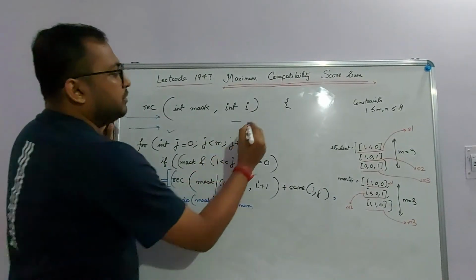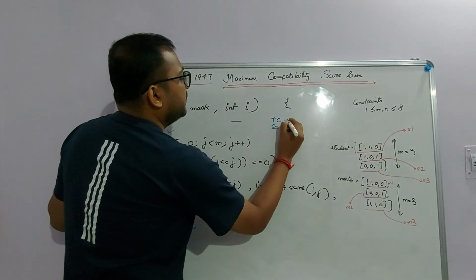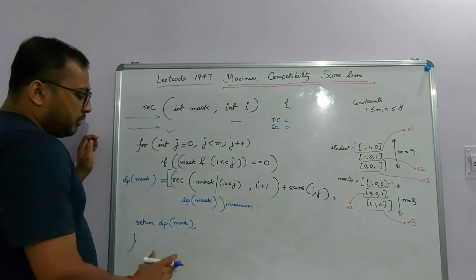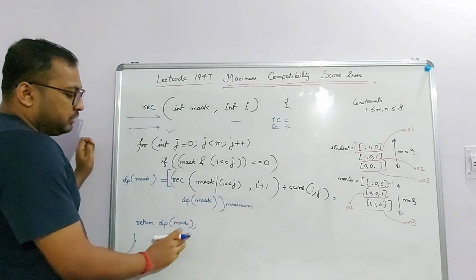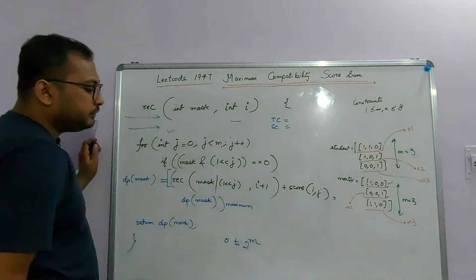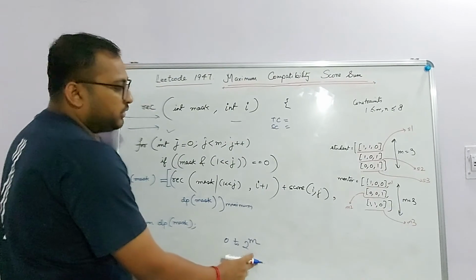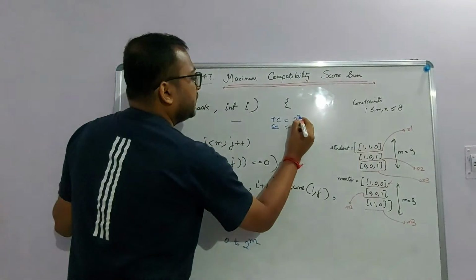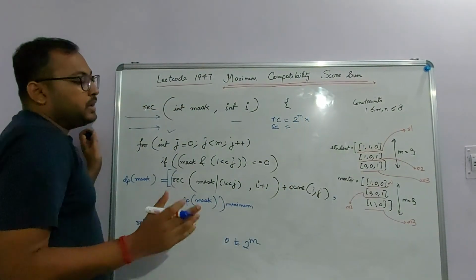So what is the time complexity and space complexity for this problem? How many states do we have in our dp array? This mask can be from 0 to 2 to the power m, correct? So we compute for all these values, so it's 2 to the power m cross how many transitions do we have?